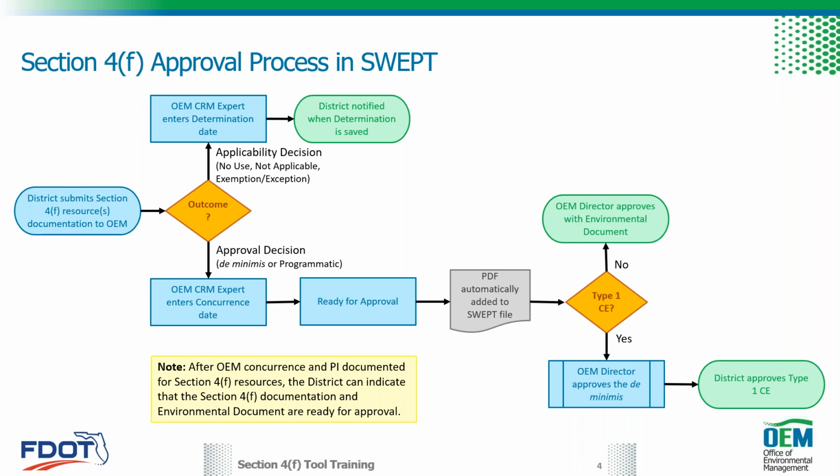For these applicability decisions, they only need to be approved by the SME, which in this case is going to be me or Roy. So you will send them to us and we will review. And if everything looks good, we will enter a concurrence determination date and that resource is good to go. You will receive a notification when the SME gives their approval for that resource.